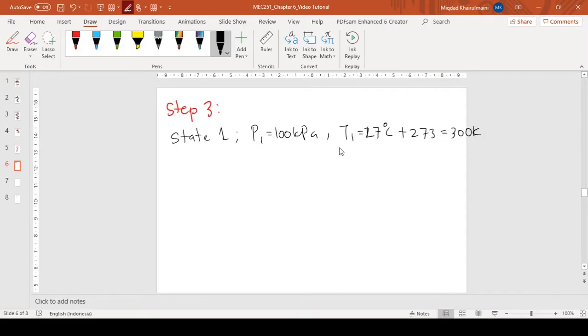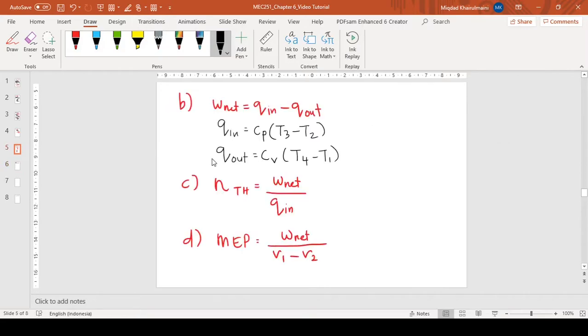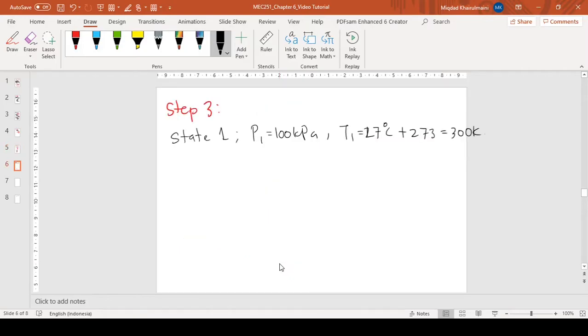Why? Because we have to calculate the specific volume at state 1. So we can use the ideal gas law, P1 specific volume 1 equals RT1. Okay, so for the specific volume at state 1, we can substitute the required values.